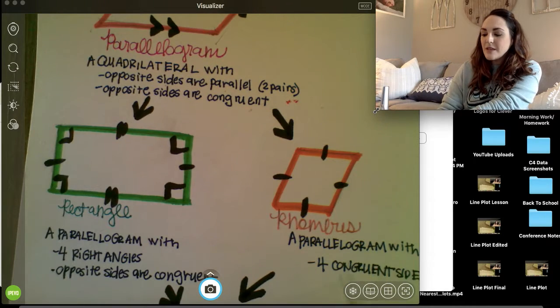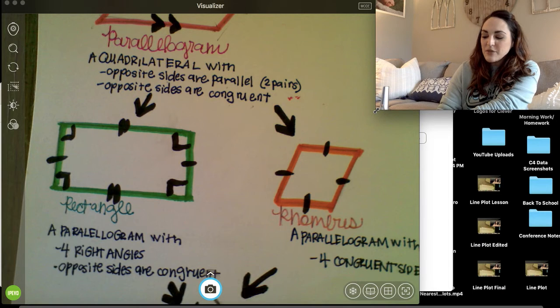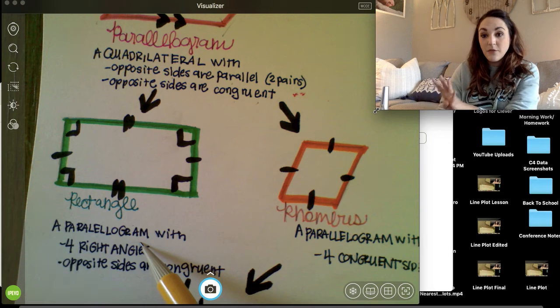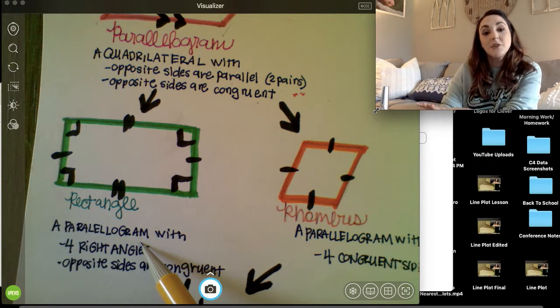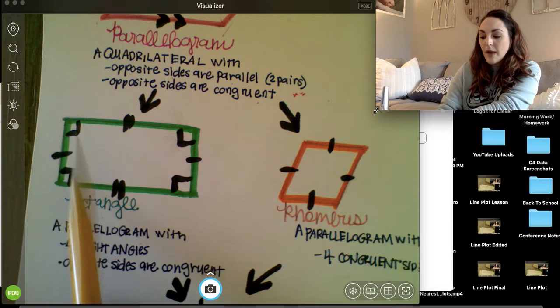continues to grow into other shapes. This shape is one you're familiar with. You've worked on this shape for several years now. A rectangle is a parallelogram, so it has four sides, and opposite sides are parallel. Opposite sides are also equal. What makes a rectangle a little more specific than a parallelogram is the four right angles.